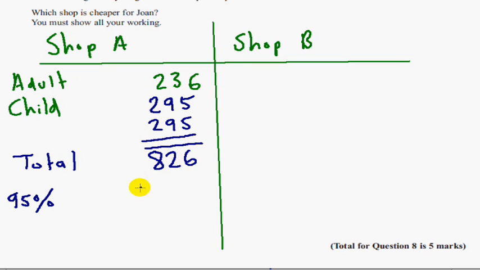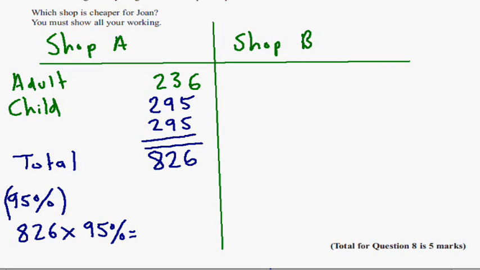95% of 826. So 95% would be after you take off the 5% as well. So 826 times by 95%, or you could use a decimal multiplier, which will be 0.95.